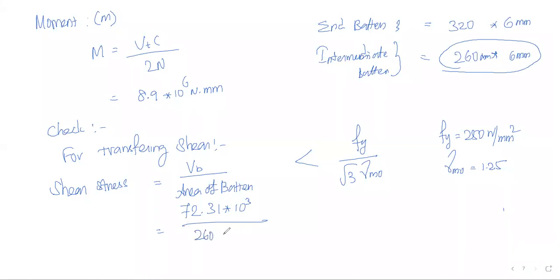So 260 into 6: 72.31 into 10 to the power 3 divided by 260 into 6 is 46.35, which should be less than 250 divided by root 3 into gamma m0, which becomes 115.47 Newton per mm square.